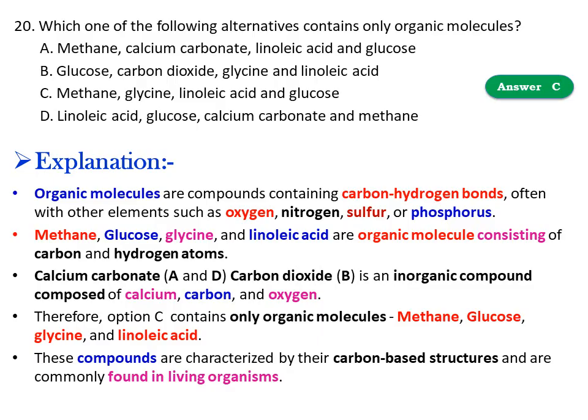So methane, glucose, glycine, and linoleic acid are organic molecules consisting of carbon and hydrogen atoms, whereas choices A and D contain calcium carbonate, and B contains carbon dioxide, which are inorganic compounds.